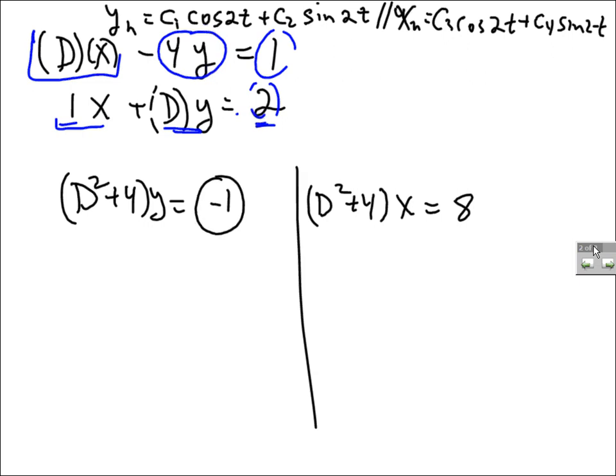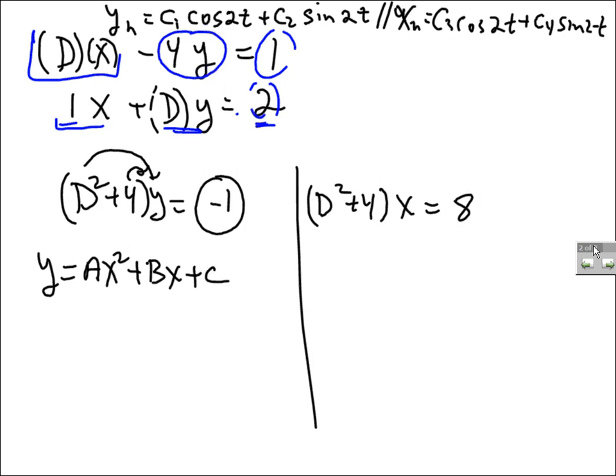If you want to take the second derivative of y and add on 4 times y, and you just want a constant like negative 1, you should think polynomial. You can say, well, y is ax squared plus bx plus c.